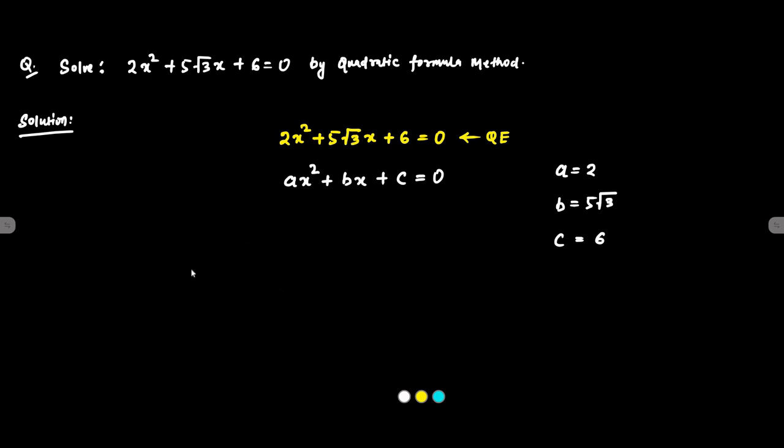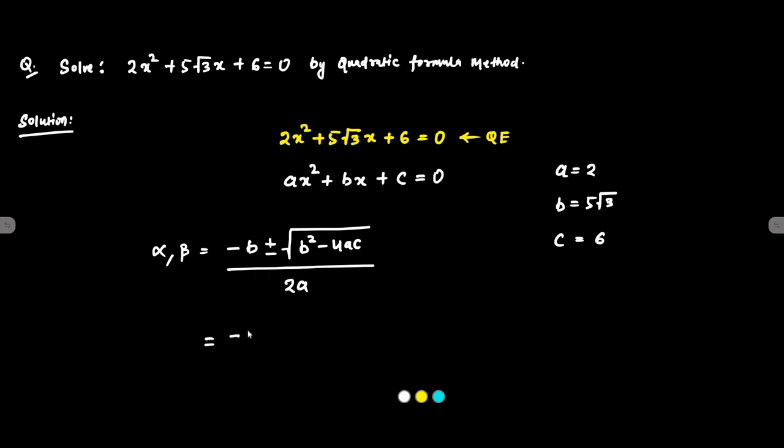Now the two roots of the quadratic equation can be determined using the quadratic formula, which is equal to minus b plus minus root over of b square minus 4ac, by 2a. B square minus 4ac is called the discriminant. Now we'll just simply substitute the values.